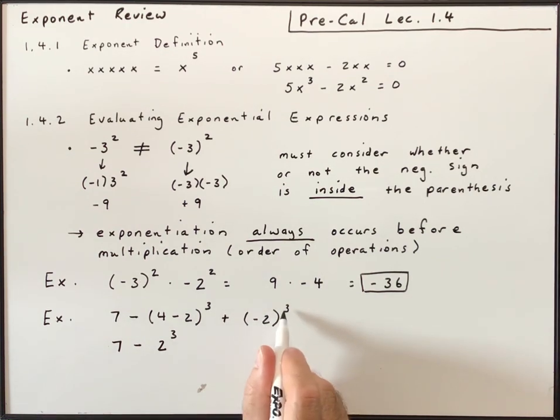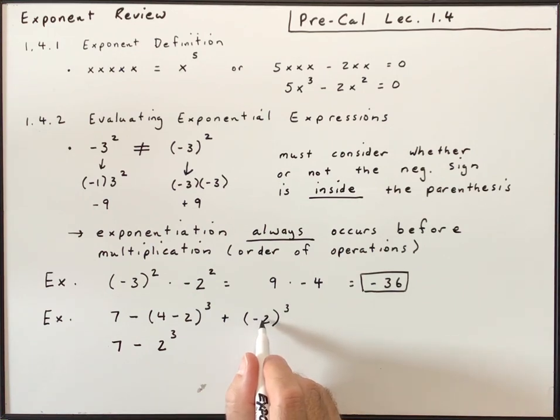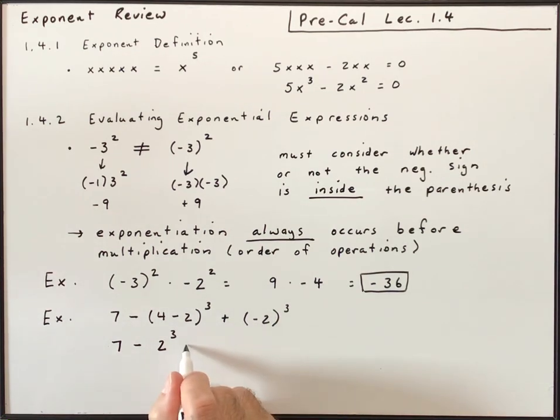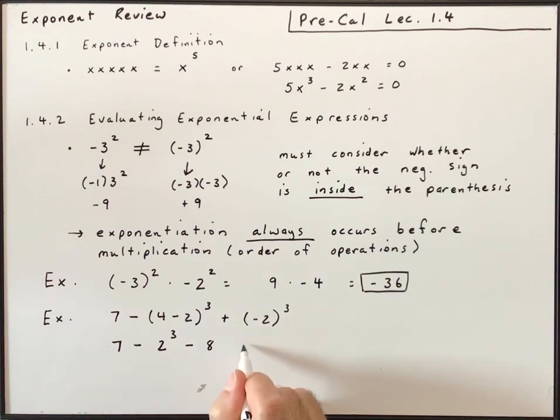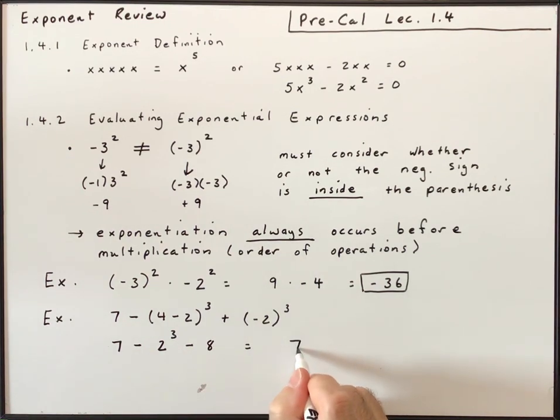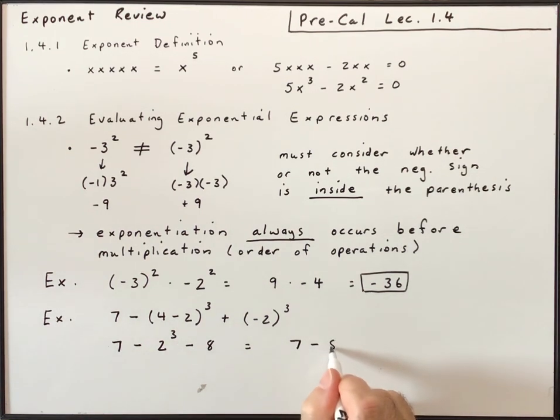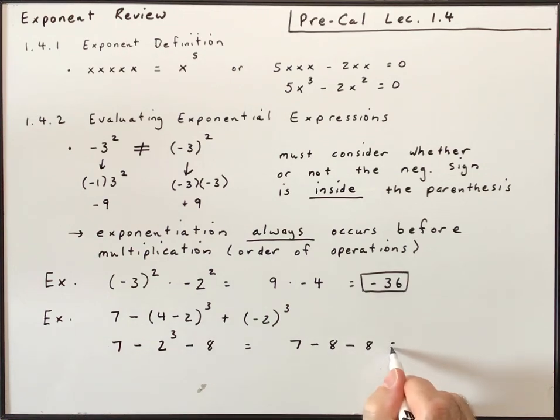You could try that in your calculator if you're confused, but that's going to be negative 8. So that would be minus 8. So that's 7, 2 cubed is 8, minus 8, minus 8. That would be negative 9.